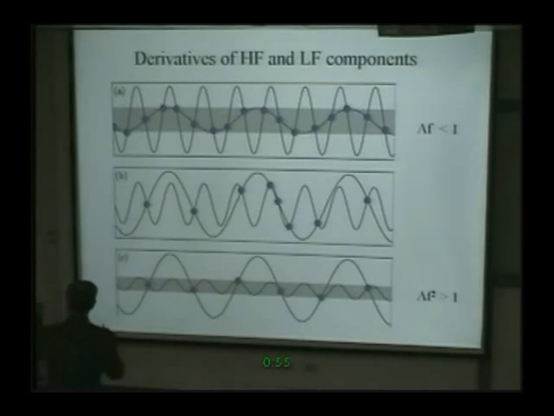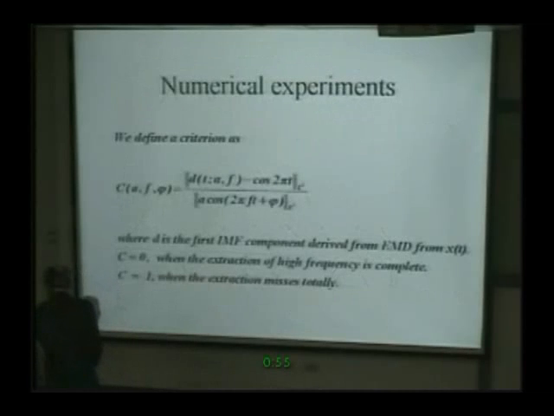So with this, he defined a measure, a criterion. This criterion is D, where D is based on the first IMF. If you put this data in, what will be the first IMF you get out? Remember, the first IMF is always the high frequency, because the Hilbert transformation always brings out the high frequency first. So take the first IMF minus cosine 2 pi t, which is the high frequency component, divided by the low frequency magnitude.